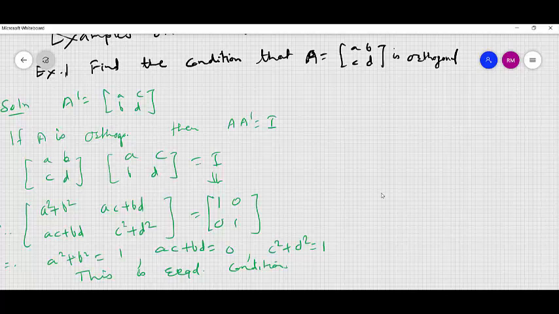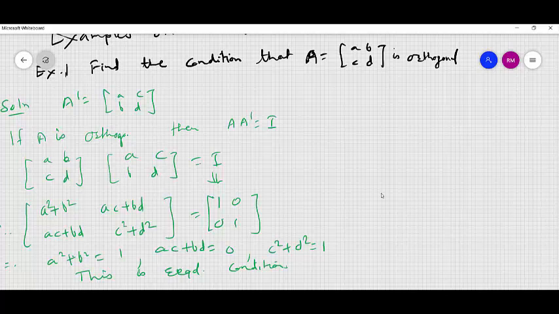So first we start by considering its transpose. Since A is an arbitrary matrix, a, b, c, d are any entries, they may be real numbers. Its transpose is given by the first row a, c, and the second row b, d.